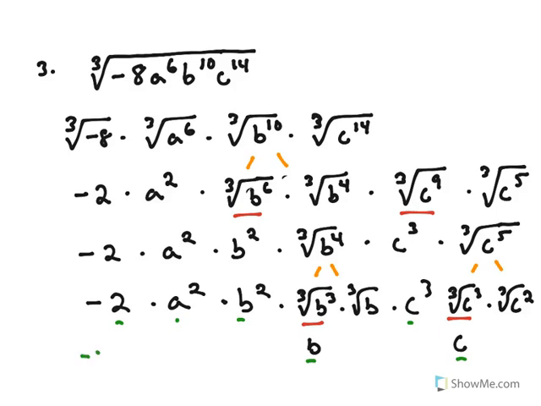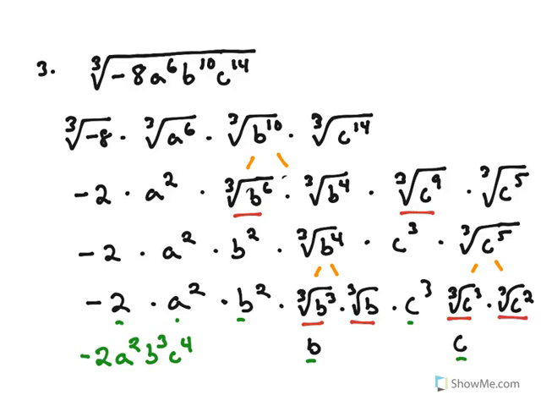All right, so negative 2 a squared, and then b squared times b is b cubed, and then c cubed times c is c to the fourth power. Okay, and in red, I'm going to do everything that we didn't do yet. That's going to be this times this.